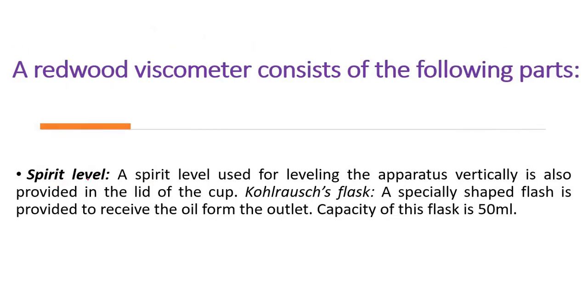Next one, that is the spirit level. A spirit level is used for leveling the apparatus in the vertical direction. A Kohler flask is also provided at the bottom, which is a specially shaped glassware to receive the oil from the outlet. The capacity of this flask is 50 ml.